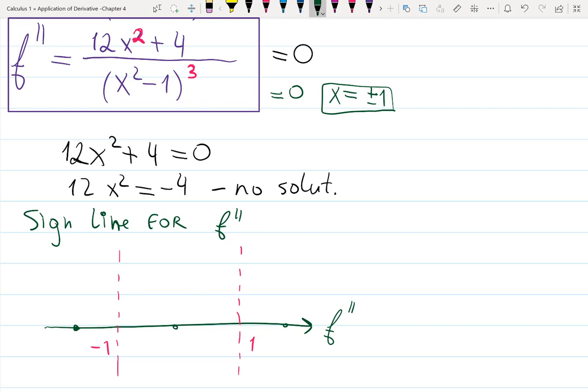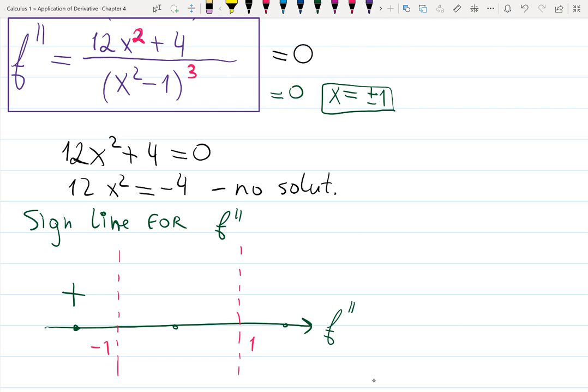Let's hurry up a little bit. Negative 10, if I'm plugging into the second derivative, will be positive or negative? Negative 10 squared will be 100, minus 1 is positive, cube is positive, everything is positive. Putting plus. If I plug 0, why not? The test point can be 0 now because we don't use it as the critical point.